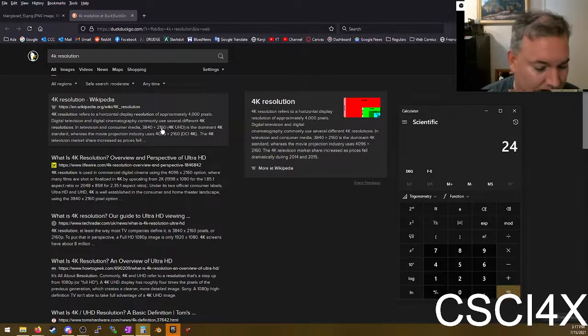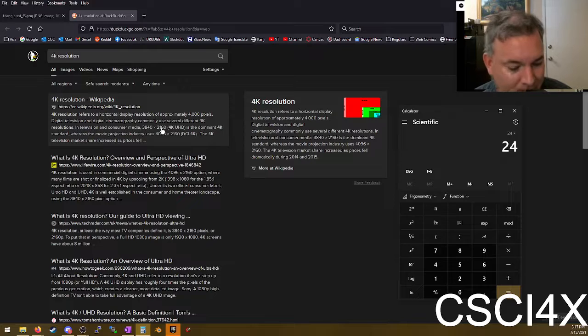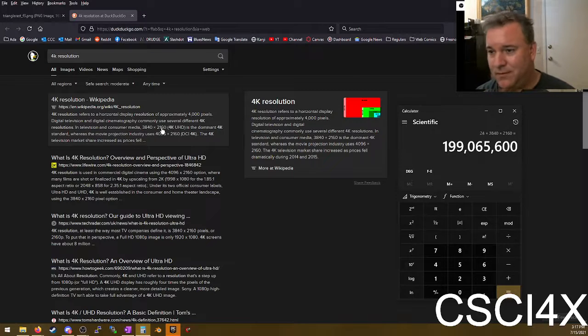Okay. So 24 bits per pixel times 3,840 columns times 2,160 rows is that many bits. If we divide this by 8 to get bytes, this is about 24 megabytes. So every frame is going to be generating a minimum of 24 megabytes of data.